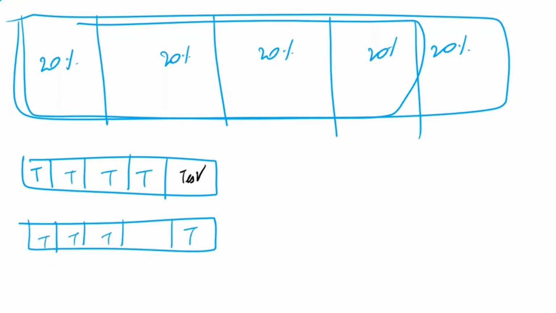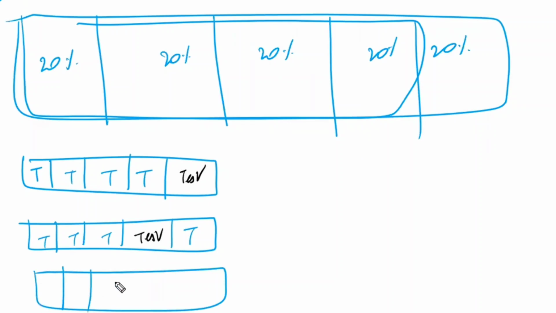This one I will use for training, and this part this time I will use for testing. Next, after this, again I will take from the starting. Now this time, these 4 parts are used for training purpose, and this part is used for testing purpose.